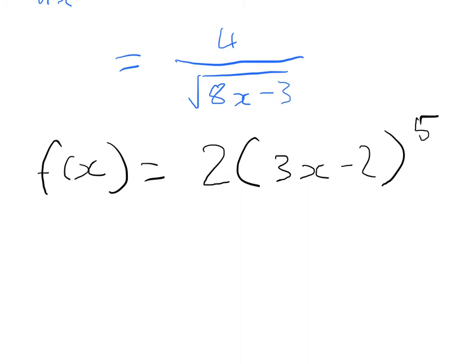Now this would be a real pain to expand, to be able to factor it, to be able to differentiate it, but watch how easy it's going to be with the chain rule.